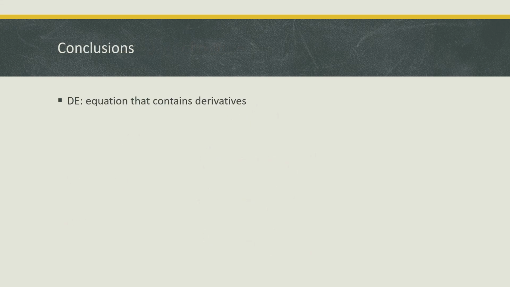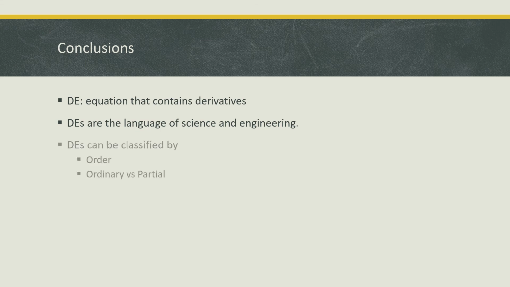In this video, we've learned that differential equations are just equations that contain derivatives, and that they're very important in science and engineering because the laws of physics and nature are written in differential equations. We also classify DEs according to their order and whether they are ordinary or partial.